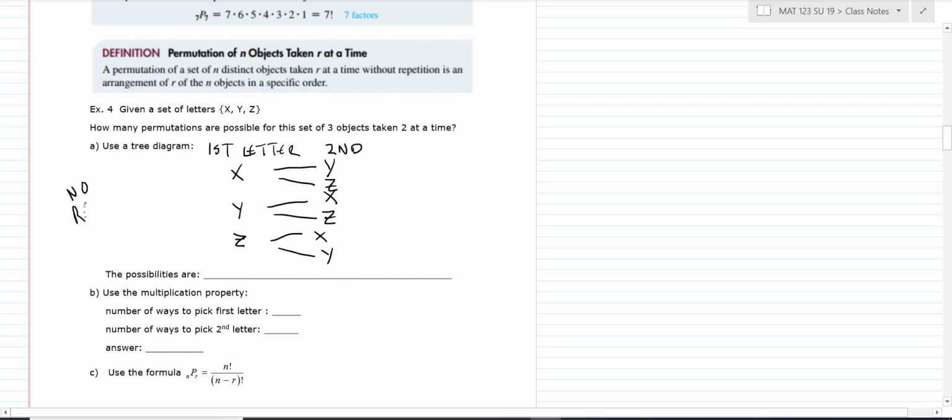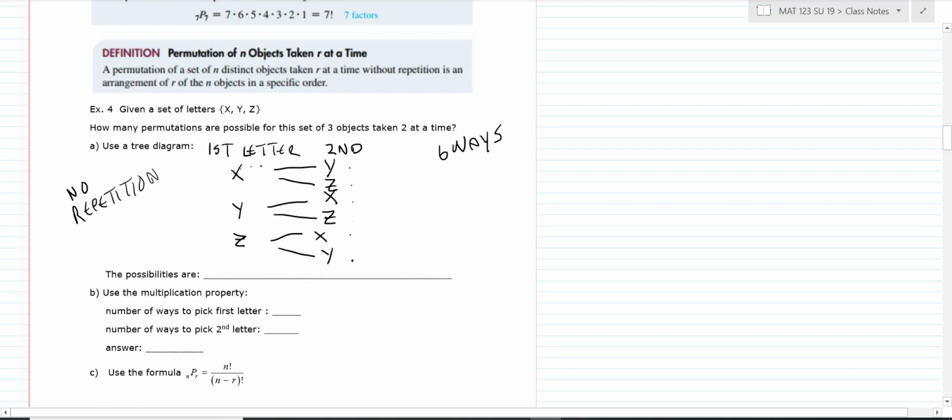When we're dealing with a permutation, we can't repeat. So we couldn't have XX or YY or ZZ, because once you take it out, you've used it up. So how many possibilities are there? Well, there's 1, 2, 3, 4, 5, 6 ways for this to happen. Let's list what those possibilities are.